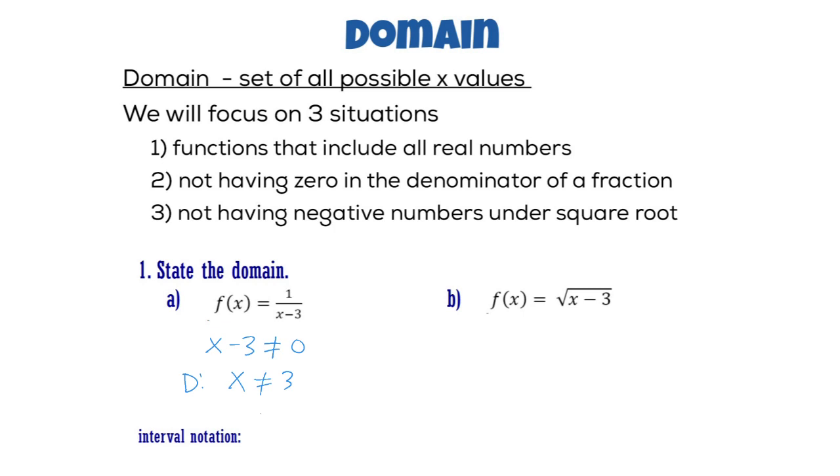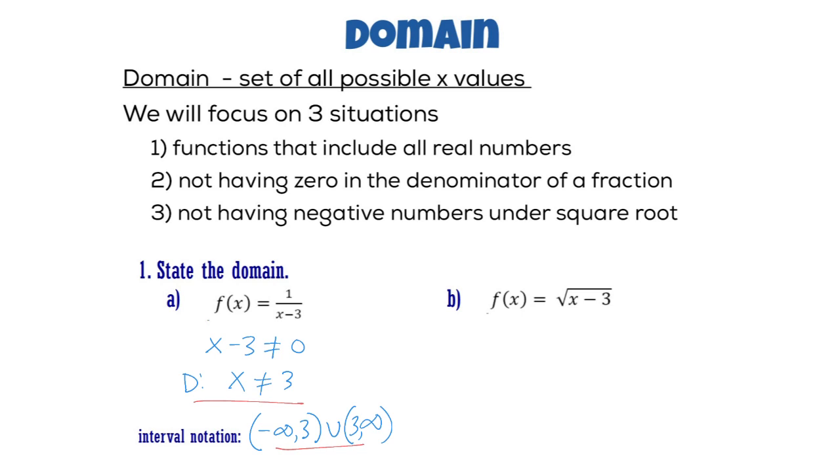If you want everything except 3, then it's negative infinity up to 3 with a parenthesis, meaning it can't be the 3, in union with 3 to infinity. And all of that includes everything except for the 3. This first method is kind of nice, but sometimes we're required to write it in interval notation.